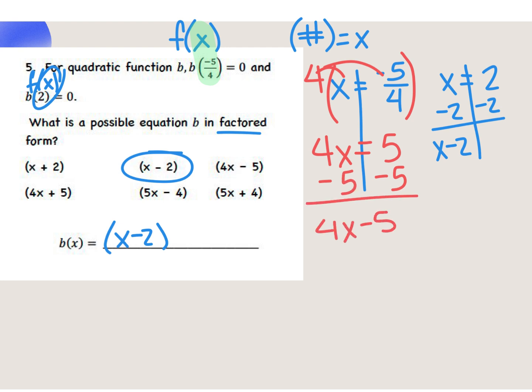Remember, the signs are different. This was a positive in the root. It's a negative in the factor. This is actually, I covered up my negative when I did this, so I apologize. This should be a -5, so we're going to add it. When I drew my rainbow, I covered that up and missed it. So 4x plus 5. Again, those signs are going to be different.